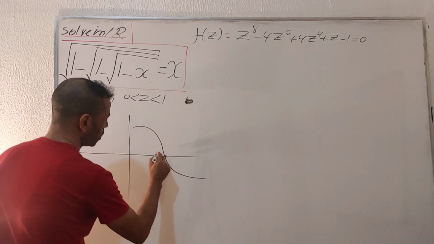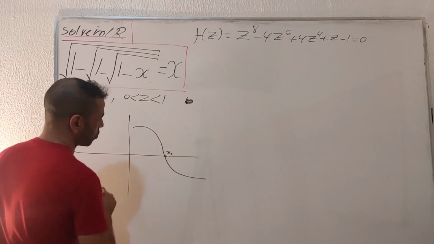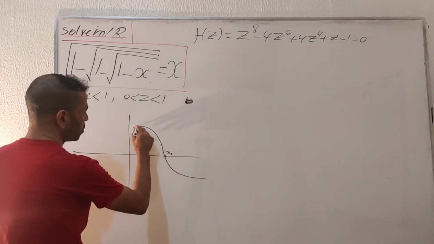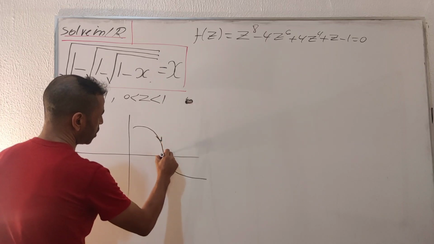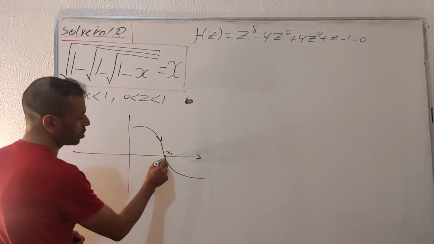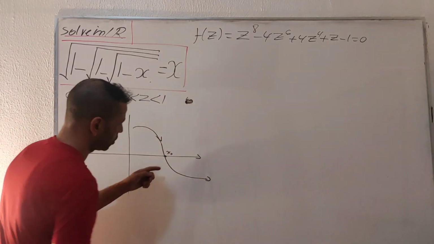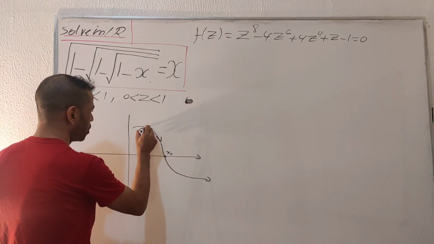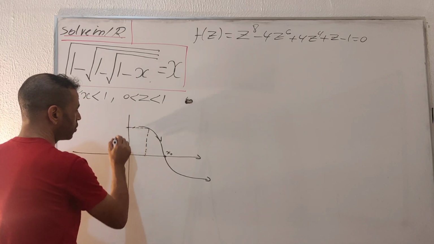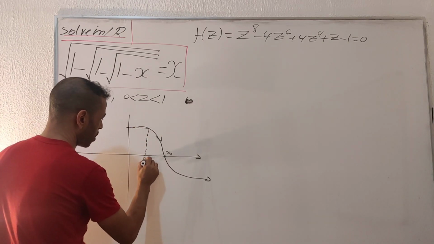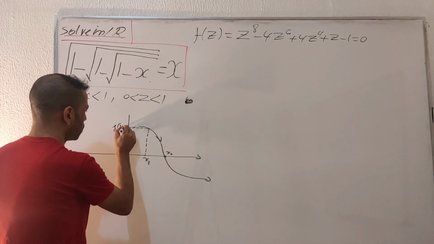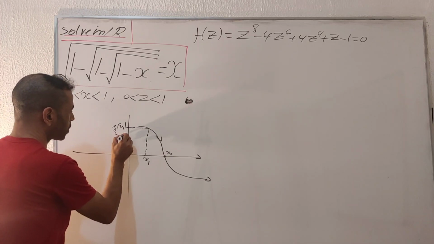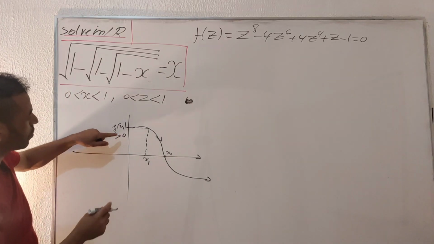Okay, so we get this point like x0, for example. This function is decreasing here and crossing the x axis at some point and keeps going down. Okay, like this. If you take any input for this function and calculate the output, you get, for example, x1, f of x1. This one is always positive because it is located above the x axis.